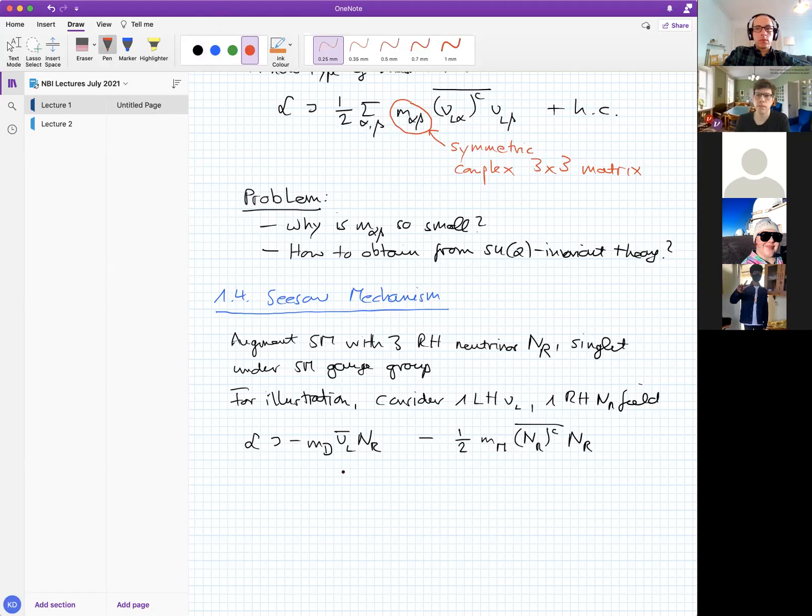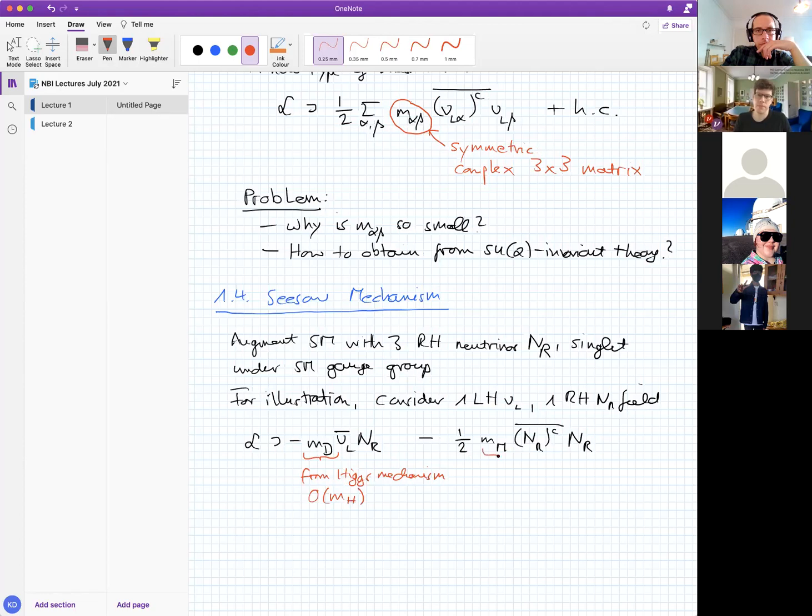Now, the Dirac mass term is assumed to come from a Higgs mechanism. So just in the same way that the other standard model fermions get their Dirac masses. And this implies, now since we want to understand why neutrino masses are so small, we don't want to make them small by hand. So we assume that this M_D is roughly similar to maybe the Higgs mass, the top mass, the W mass. So let's write down for definiteness order M_H, so order 100 GeV.